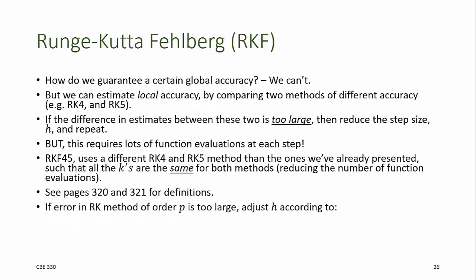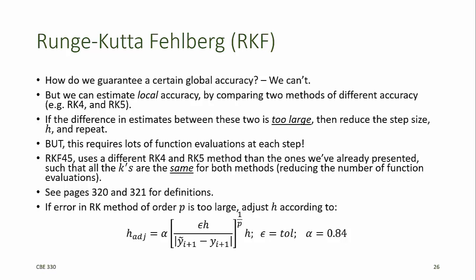For all Runge-Kutta-Fehlberg methods, two RK methods are required, one with a lower order, p, and one with a higher order, p plus 1. The difference between the estimates for the order p and order p plus 1 methods is used as an estimate of the local accuracy.